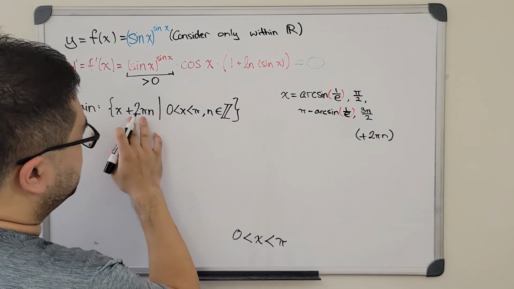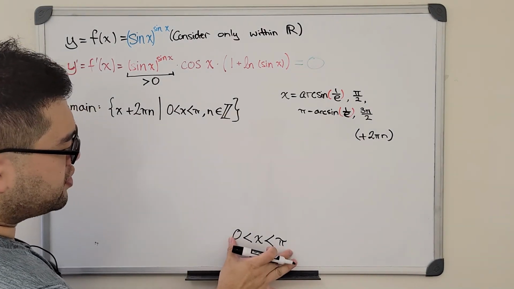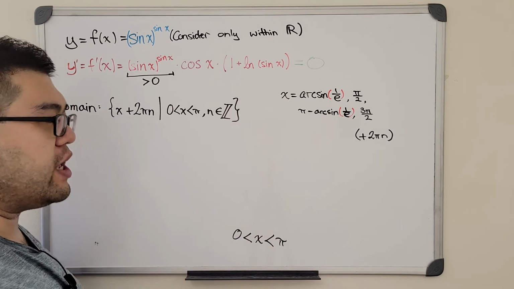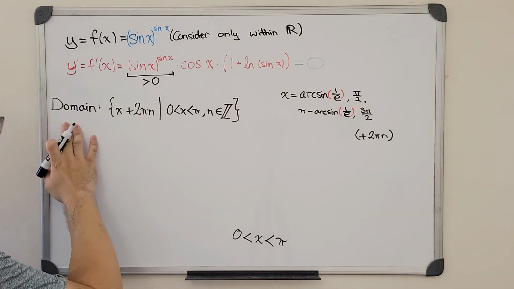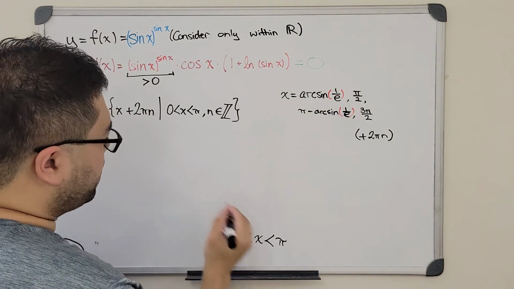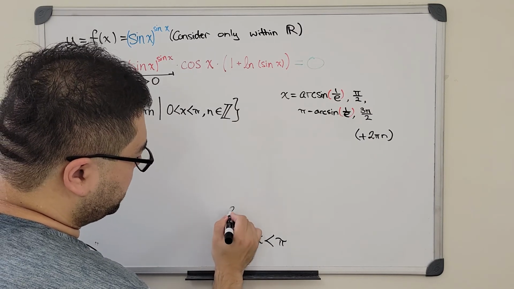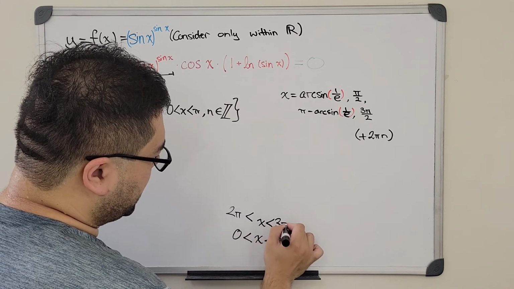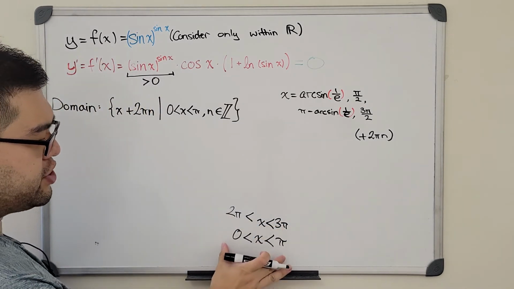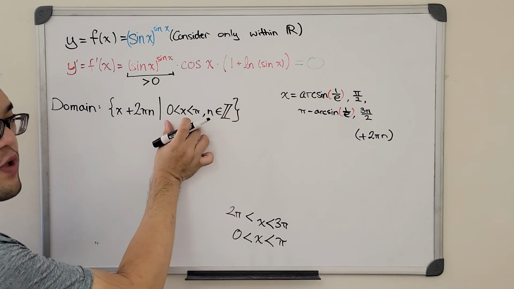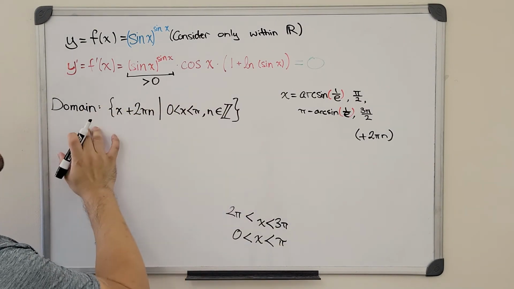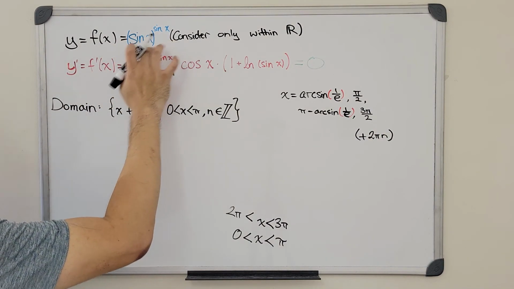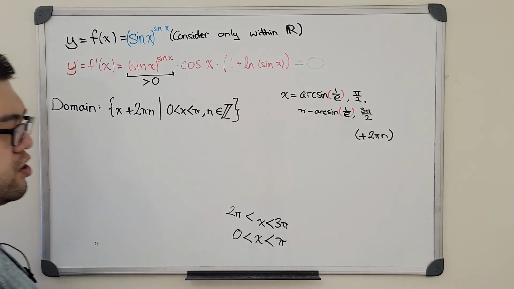Meaning we can just add 2 pi or subtract 2 pi on both ends, and that gives us a new open interval that is also part of our domain. For example, if we add 2 pi on both ends, we now get 2 pi is less than x less than 3 pi, and this open interval is a shift of the initial interval that we chose, that still satisfies being part of the domain of the original function. Good.